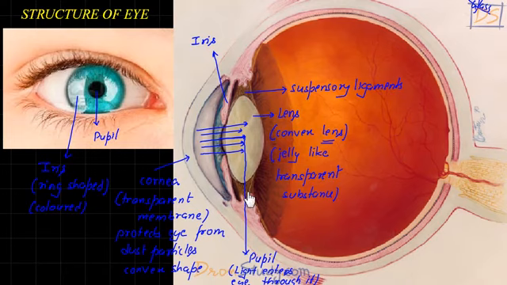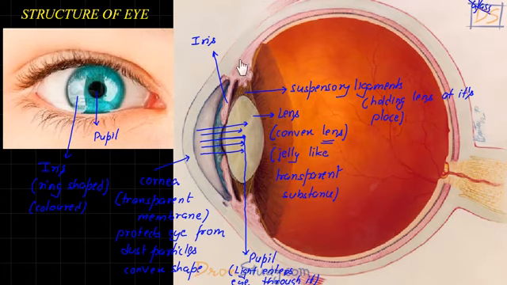You can clearly see that these two suspensory ligaments are holding this lens in its place. This is one suspensory ligament, and this is another suspensory ligament.